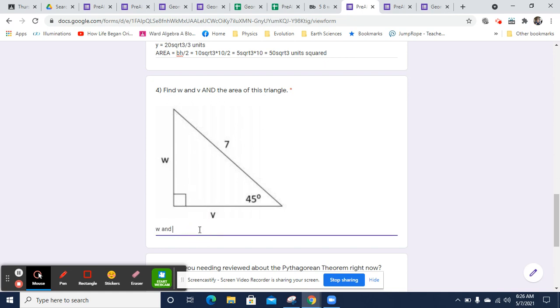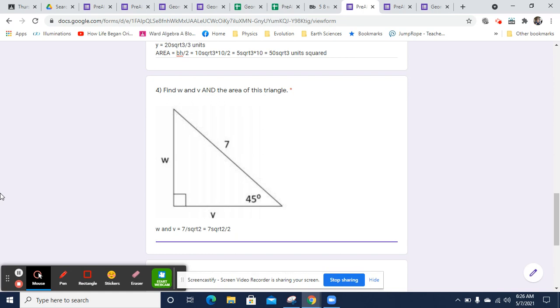So W and V both equal 7 over the square root of 2, which we would rewrite as 7 square root of 2 over 2. And if we want the area of this, we're going to be multiplying this times itself and then dividing by 2.